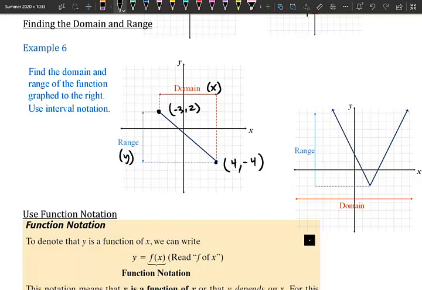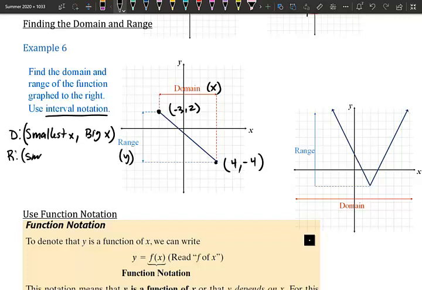So what we want to do, since there's no arrows, it has a start and a stop, and we're going to use interval notation. So for interval notation for any domain and range, for domain, it's smallest x and biggest x. For your range, it's the same thing.